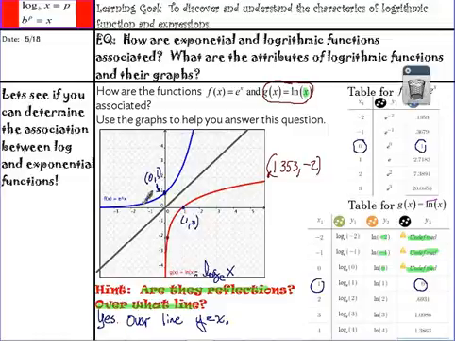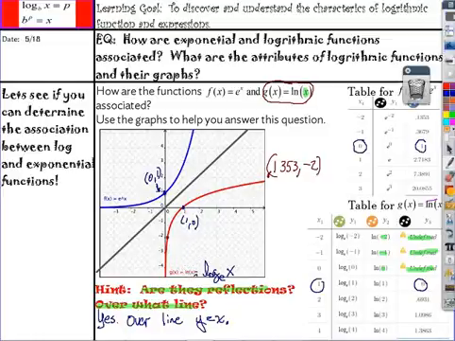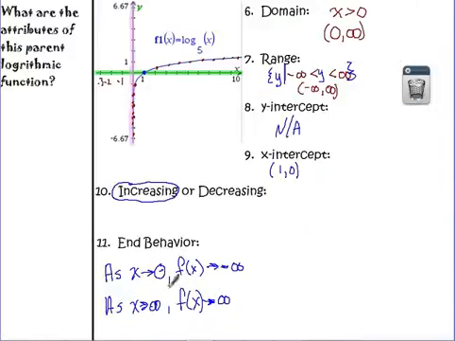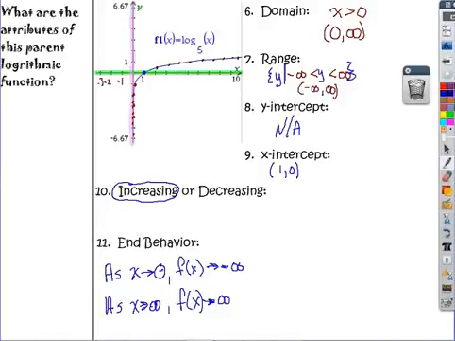So the domain of e to the x is the range of the natural log of x, and the range of e to the x is the domain of the natural log of x, because they are inverses. And on the end behavior, those are related as well, but we won't go into that. I do want to again stress that logarithms do have inverses that are exponential.